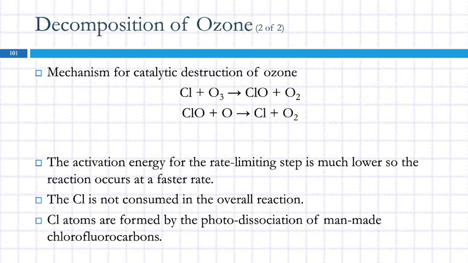So in this mechanism for the catalytic destruction of ozone, atomic chlorine reacts with the ozone to form chlorine monoxide and oxygen. And then this interacts with atomic oxygen to reform atomic chlorine and oxygen.